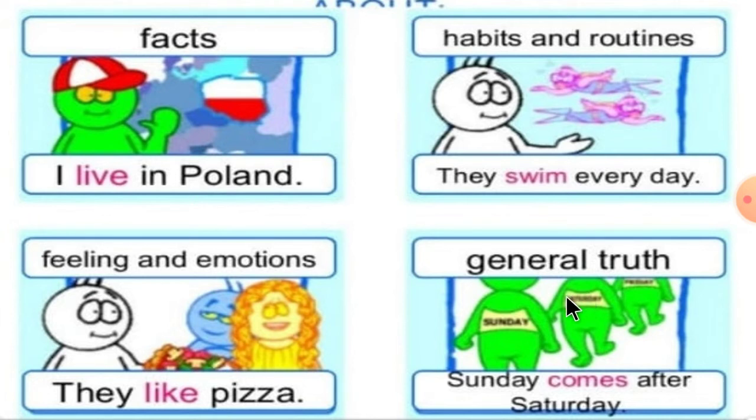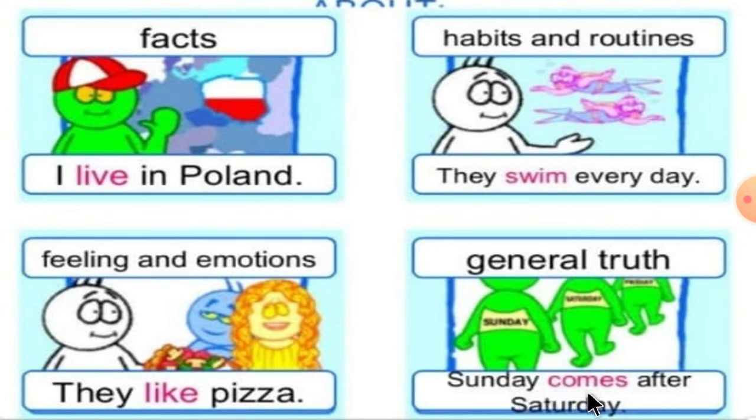Then general truth means what we cannot change. A general truth or a universal truth, you can say. The things which we can never ever change. For example, Sunday comes after Saturday.